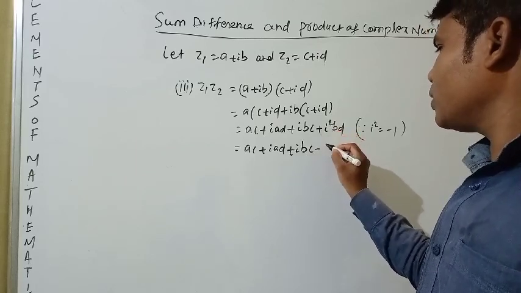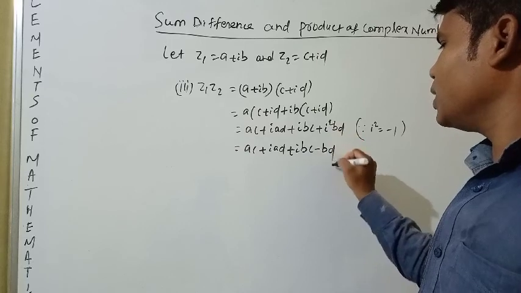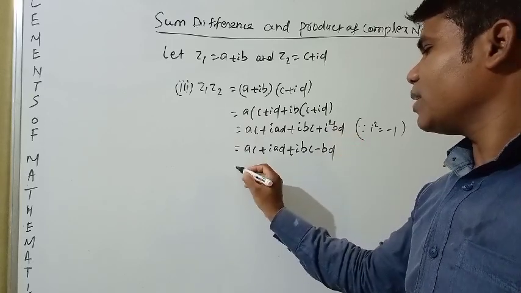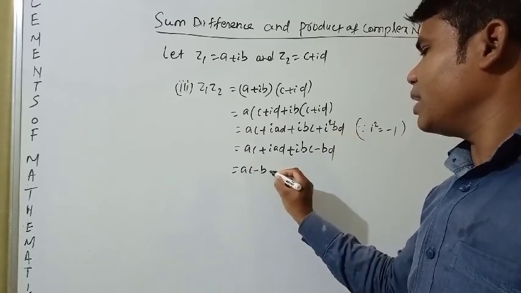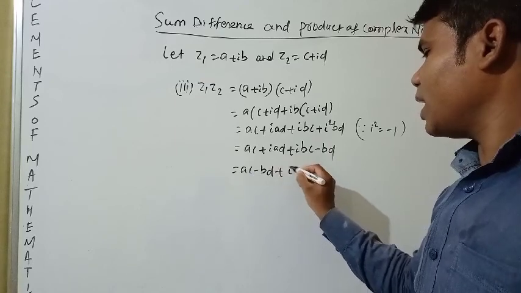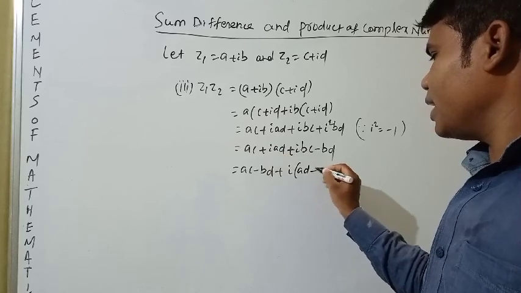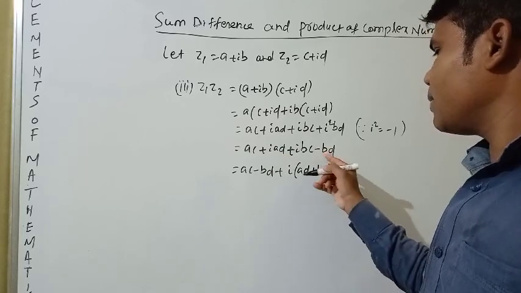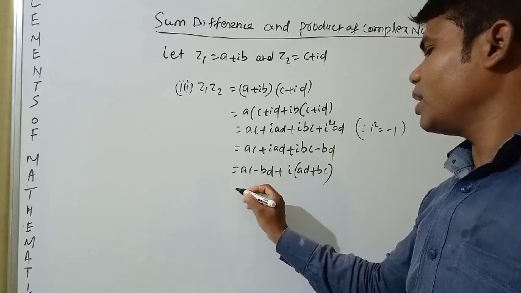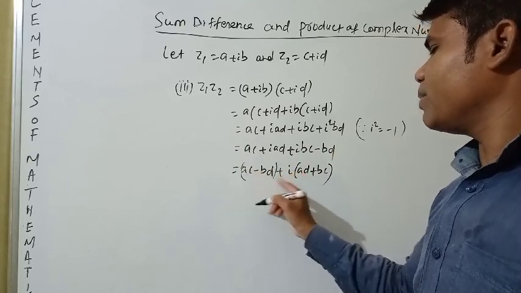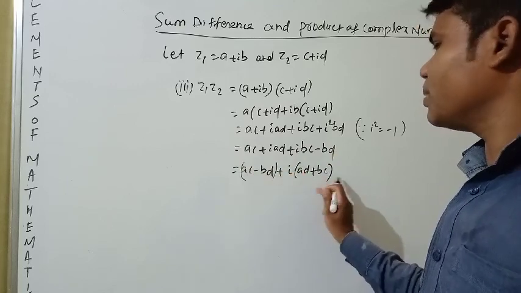That means AC minus BD plus, you see I is common here, I into AD plus BC. That means AC minus BD plus I into AD plus BC.